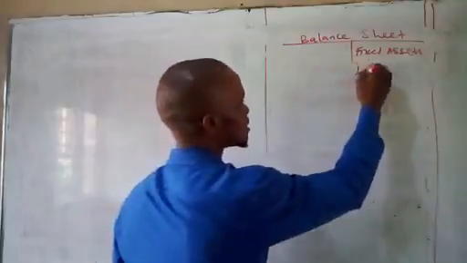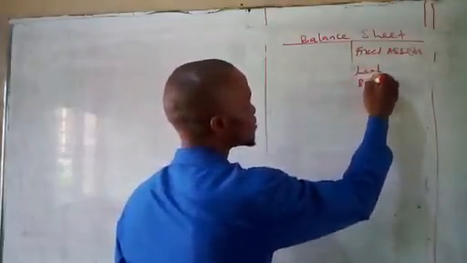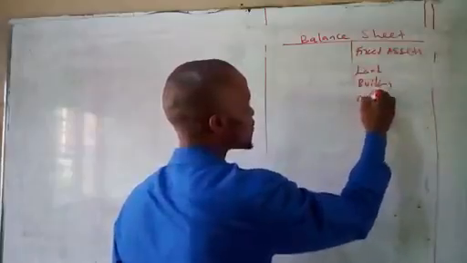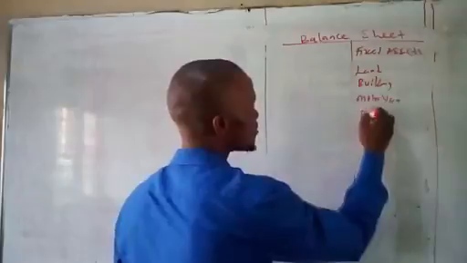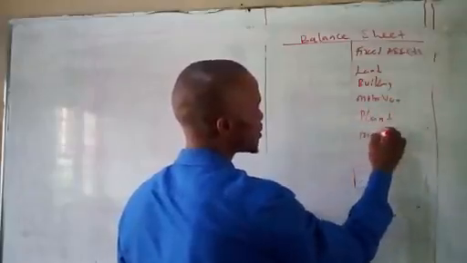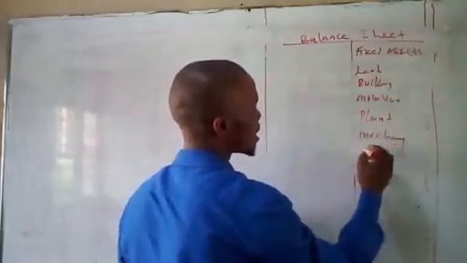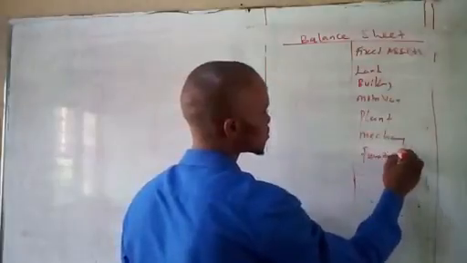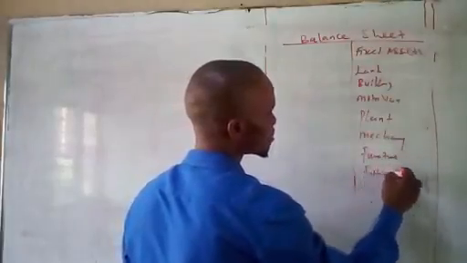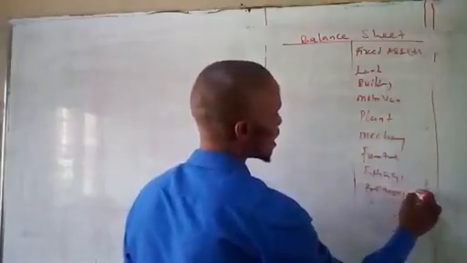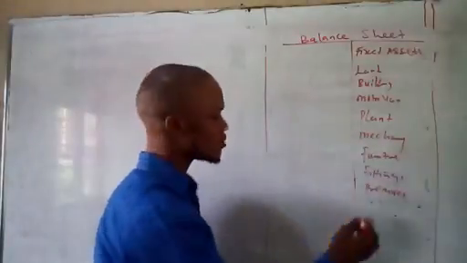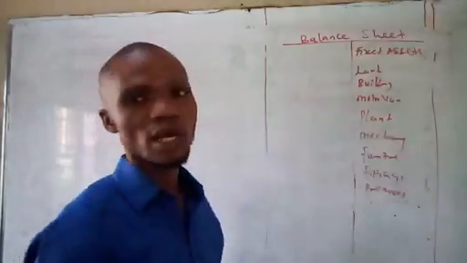We have land, building, motor vehicles, plants, machinery, furniture, fittings, premises, and so on and so forth. These are some of the fixed assets we have.